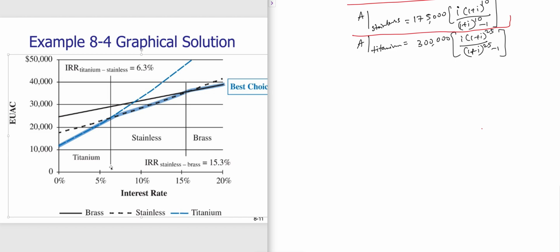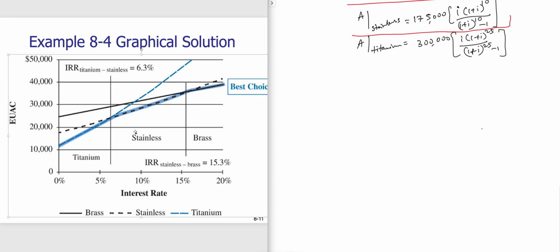So typically, if the interest rate falls around 6.3% to 15.3%, which is what banks give, stainless steel would be a good option because interest rates typically are between 6.3 and 15.3. So it seems like we would suggest stainless steel.